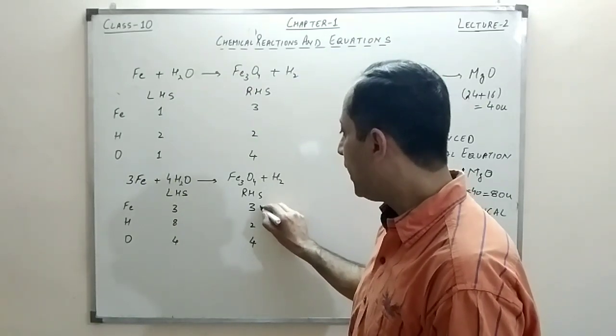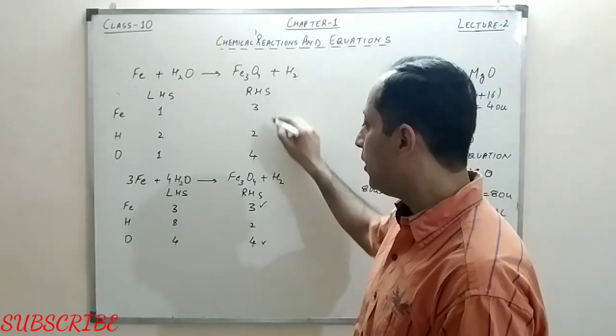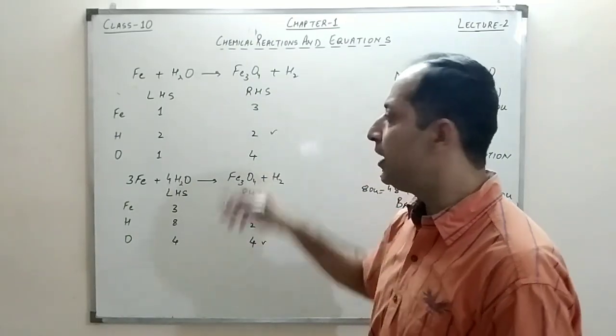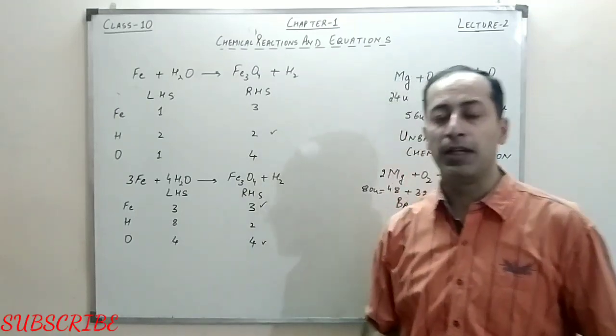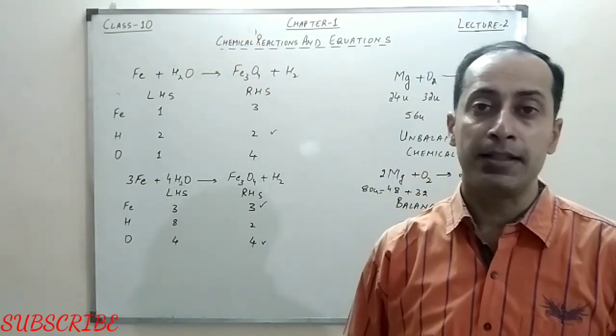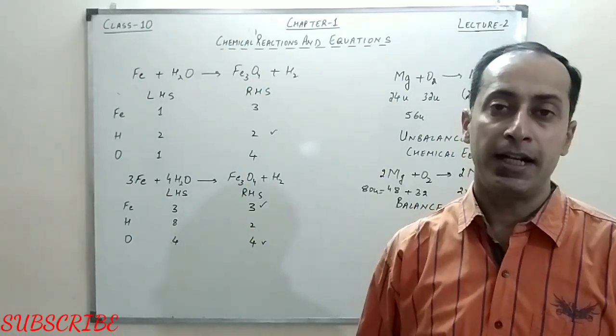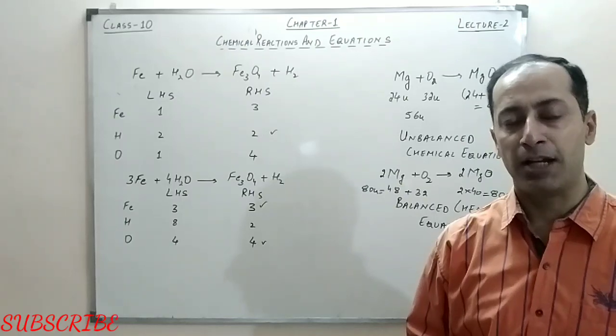Now, here my iron and oxygen are balanced, but hydrogen is not balanced. Initially, hydrogen was balanced. Now what do we have to do? It is 8 here, it is 2 here. Now I have to make this 2 as 8. So I have to multiply this 2 with some number and that number would be 4. If I multiply 2 by 4, it becomes 8.